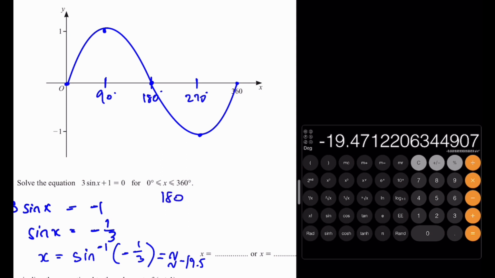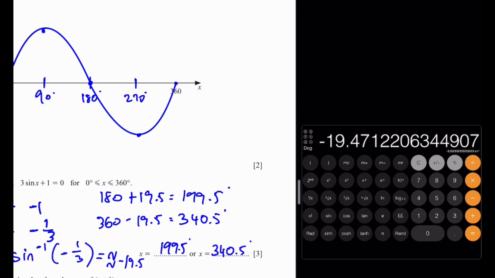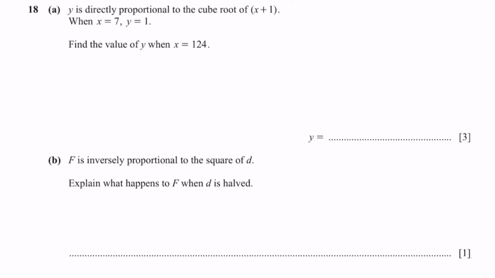So 180 plus 19.5 will be equal to 199.5 degrees, and 360 minus 19.5 is equal to 340.5 degrees. And these are the two solutions and the two answers. That 199.5 and 340.5. That's the answer.